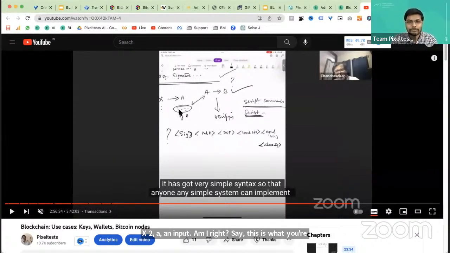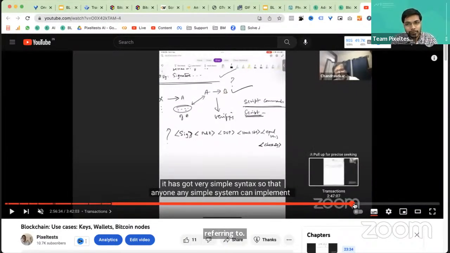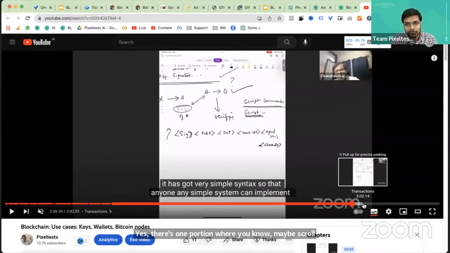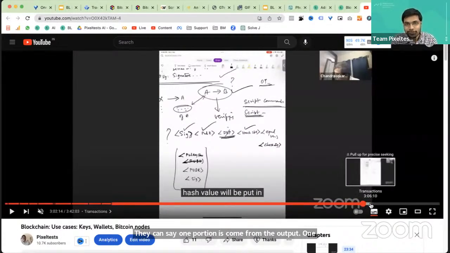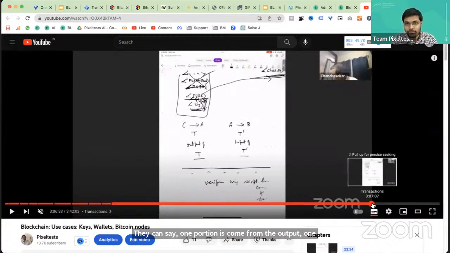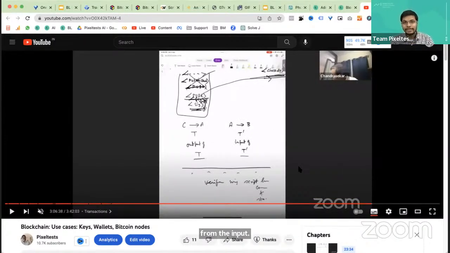Yes, there's one portion where, maybe scroll below, they say one portion has come from the output, one from the input, after the stack and all that. Yeah, basically this is what we have discussed, sir. The stacking here will be difficult for me to explain, and that is the reason I have used the image.